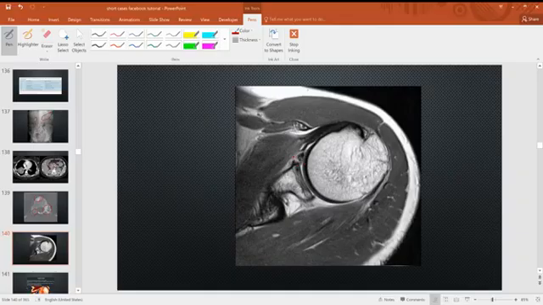So this is a soft tissue Bankart, not a bony Bankart. Sometimes a bony Bankart is associated with a labral tear, but this is only a complete avulsed labral tear, and you can see here the periosteum.